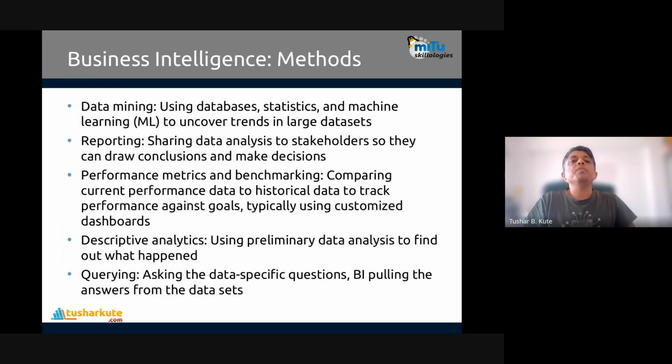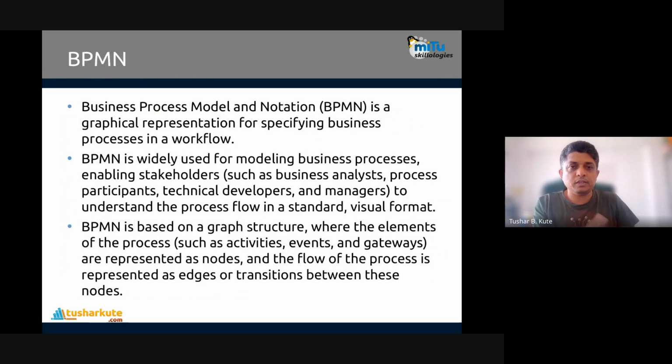Let's continue with the methods which are being used. Already we have talked about some methods, but the common techniques for logical reasoning are here. The first method is business process modeling notation. Whenever we build a business process model, some notations are followed. Graphs are used and some notations are used.